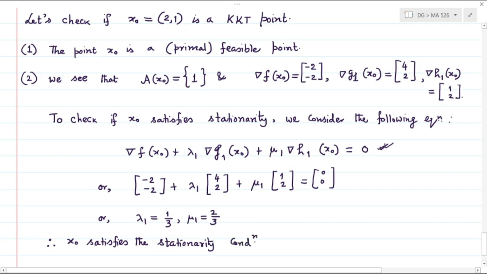Here you note that we have gotten only one value of lambda 1 and one value of mu 1. There can be problems where several values of lambda 1 and mu 1 satisfy this equation.